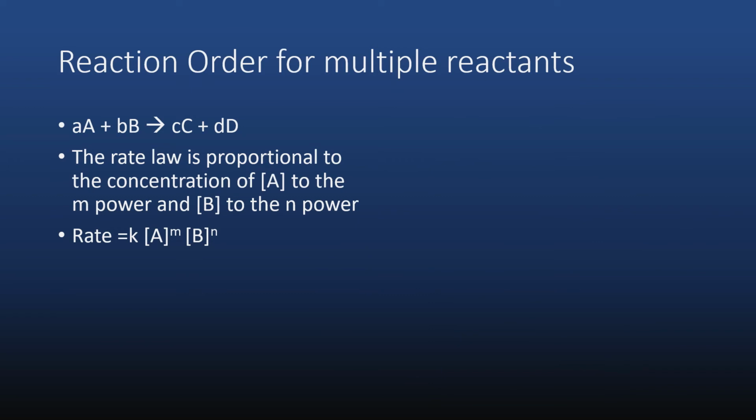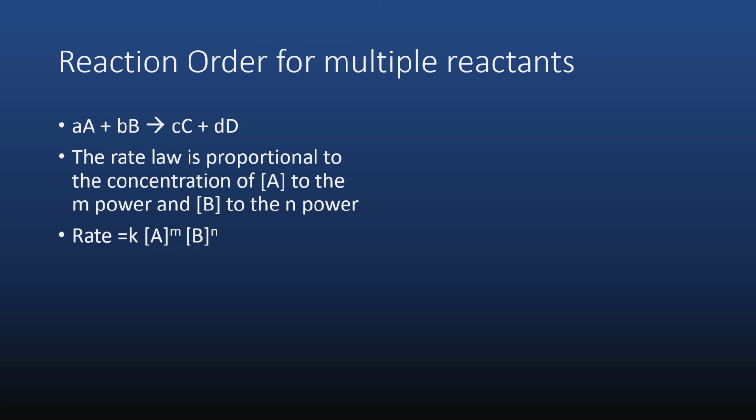Okay, so if we have multiple reactants in a reaction, then we would add these orders together to get the order of the overall reaction. So the rate for the overall reaction is based on the order of substance A and substance B combined.